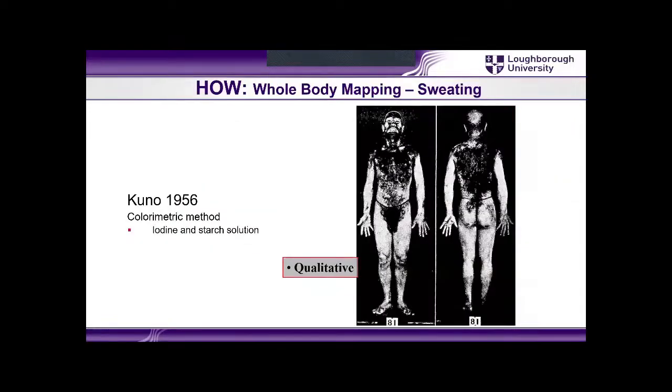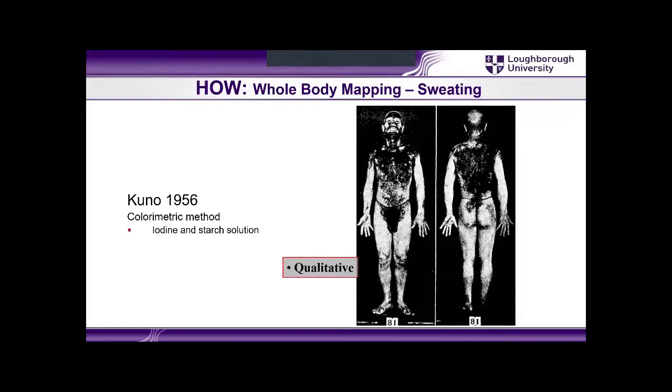So then the how, and the how starts really with historical research. We want to know the distribution over the whole body. And Kuno, and I really advise you to try to get a copy of his book from 1956. He did a lot of work, I think, 30 years before that even, on sweat.